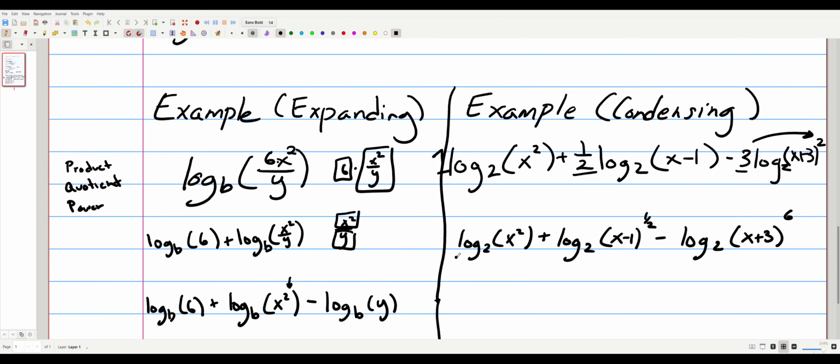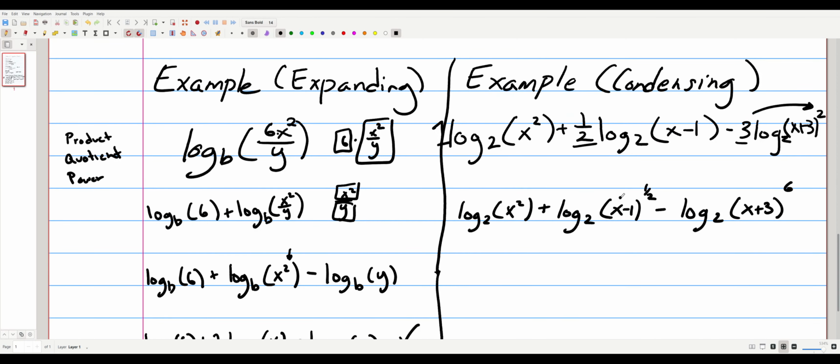Okay. And now we're going to apply the product rule if we see it, and then the quotient rule. And so we see the product rule because we have addition, right? And so this is using the product rule backwards in a way. When we have the same bases being added together, we can change it into a product. So this becomes the log base 2 of x squared times x minus 1 to the 1/2.